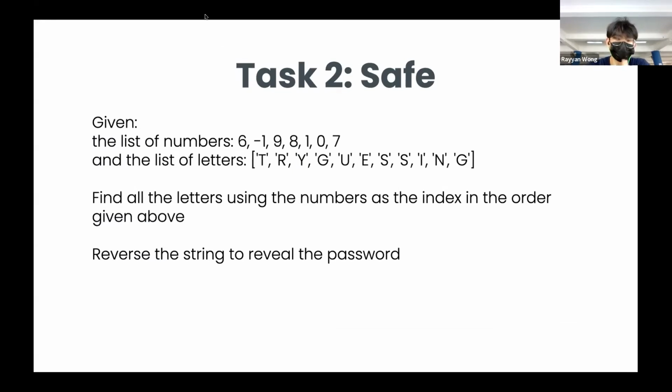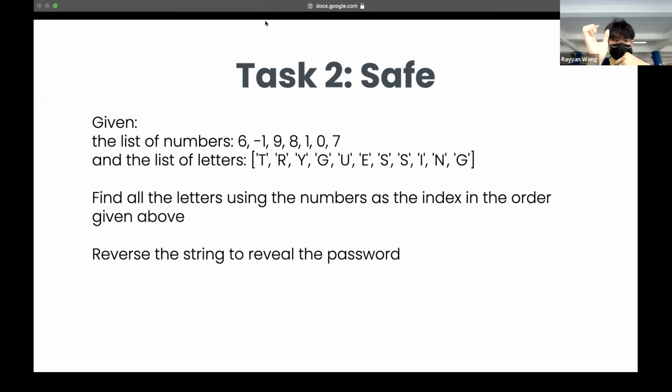Naveen, okay, so I see that you define nums equals to all the numbers, right? I would suggest you put a hashtag in front of the nums to make it a comment, so that you will not run into an error later when you run it, because you're not supposed to define nums like that in Python. If you allow me to help you, I'll just add a hashtag in front.